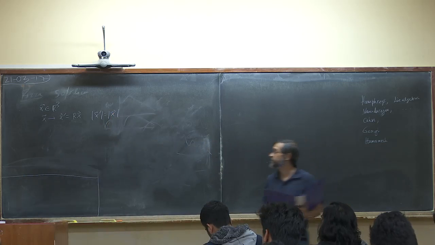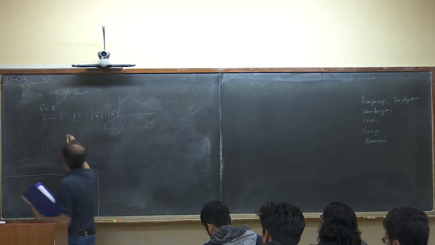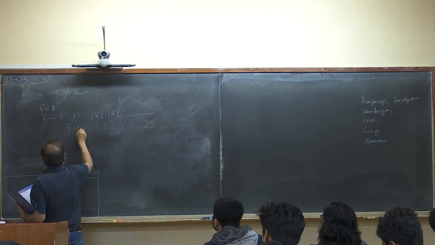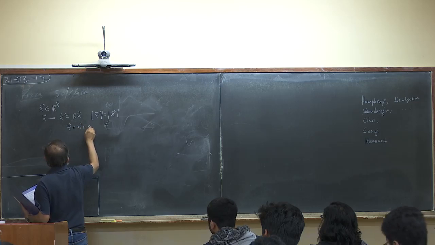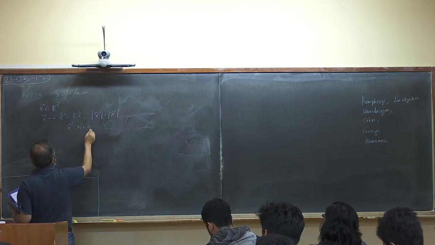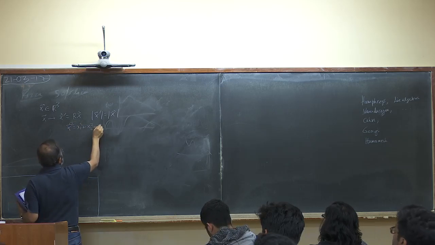So everybody knows what the norm of x is. So the norm of x squared is x1 squared plus x2 squared plus x3 squared.